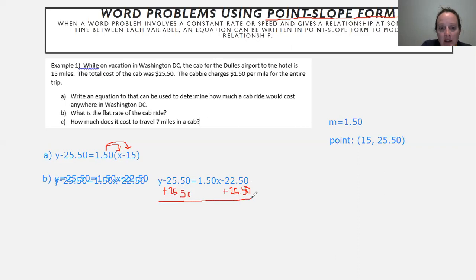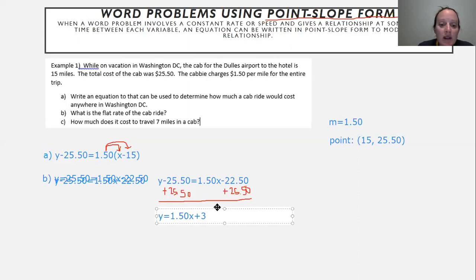And that is going to give me my y equals mx plus b. So now let's look at it. We got y equals 1.5x. And then what is 25.50 minus 22.50? Oh, that's $3, plus 3.